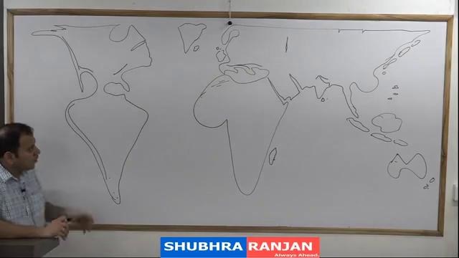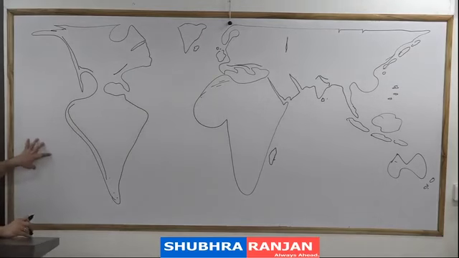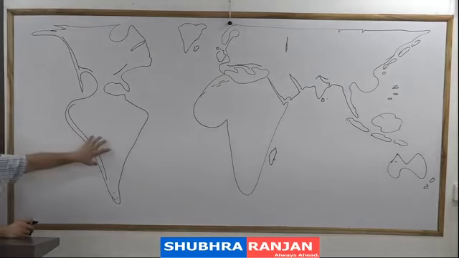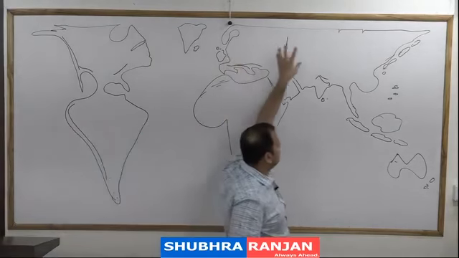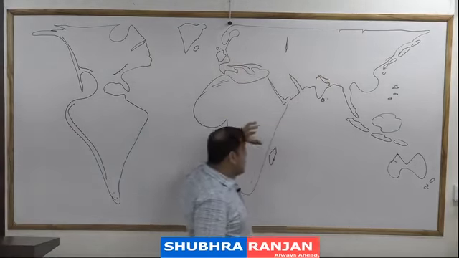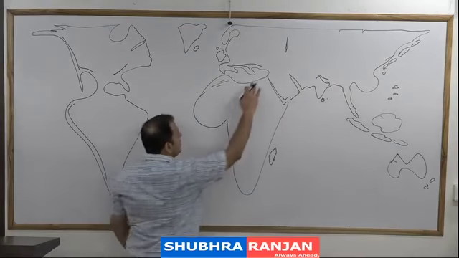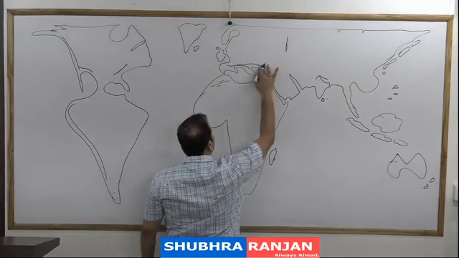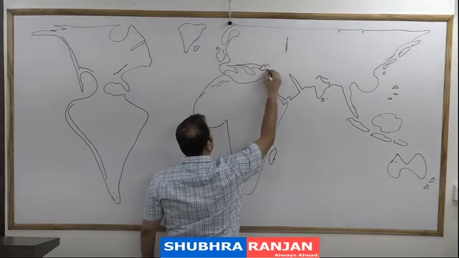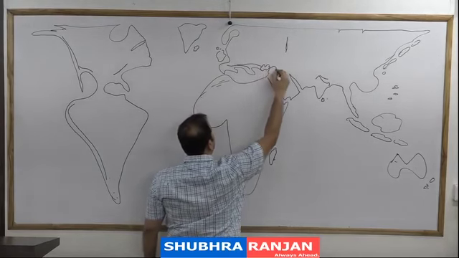Then if we look at the continents in the world, North America, South America, then Africa, then Europe, Asia. Now Asia, which is the largest continent in the world, can I say this Asia is divided into many parts?